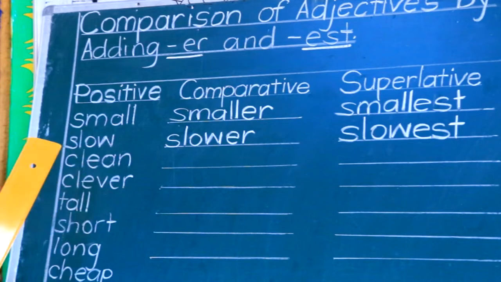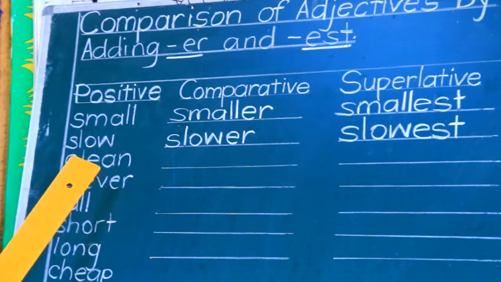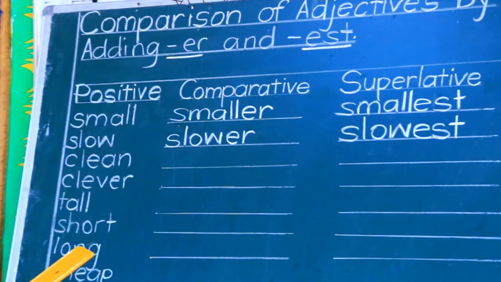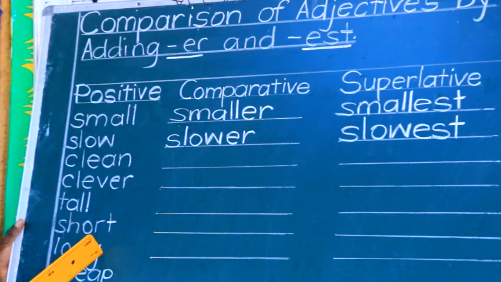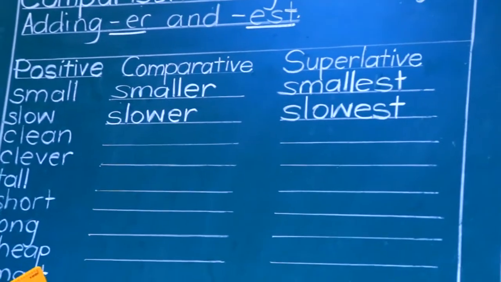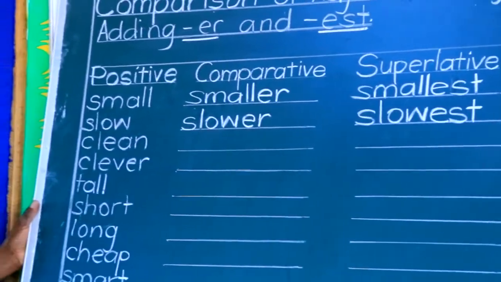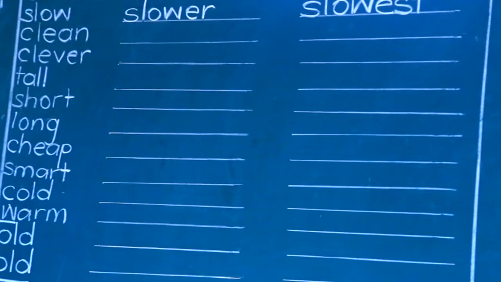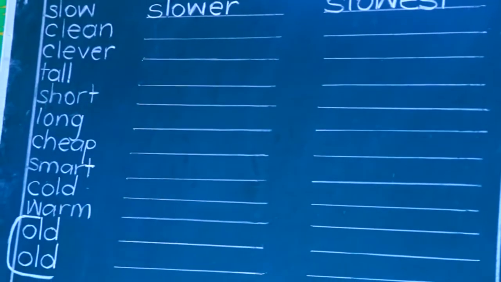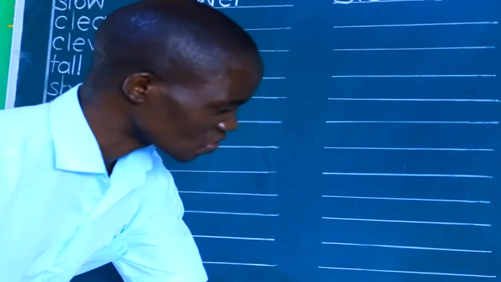We are going to form the comparative of clean and its superlative, then clever, tall, short, low, cheap, smart, cold, warm, old, and old. The teacher has repeated the word old. It's not by mistake, but by design.